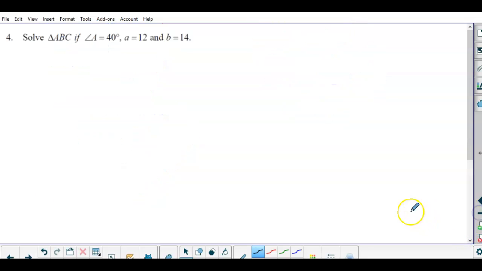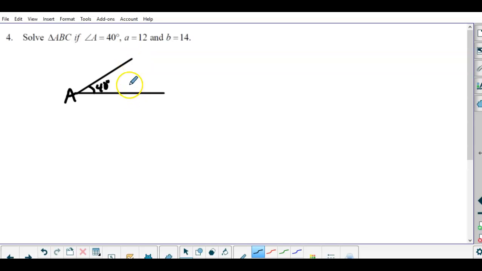Then last one, brand new question, so no relationship to the other ones. And so again, I'm going to draw a side there, an angle of 40. So this is going to be 40. You can label it A and 40. You know that your little a will be 12 and your B will be 14.